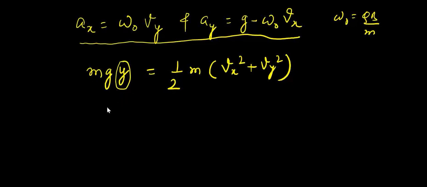Call this maximum displacement of the particle along the y-axis y star. Let's find the v star, the maximum velocity of the particle.